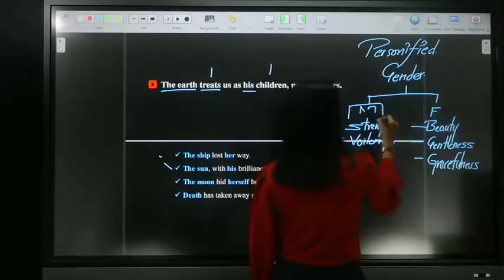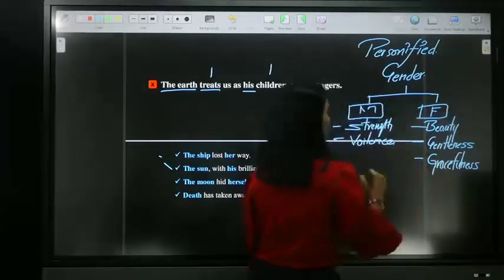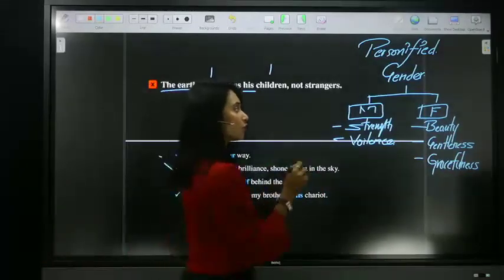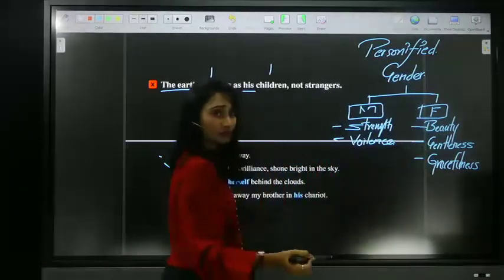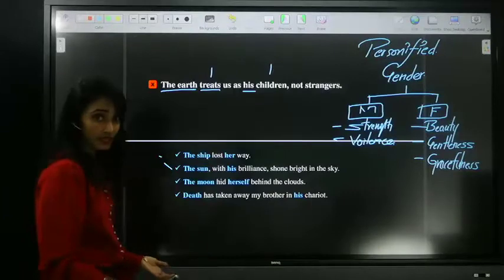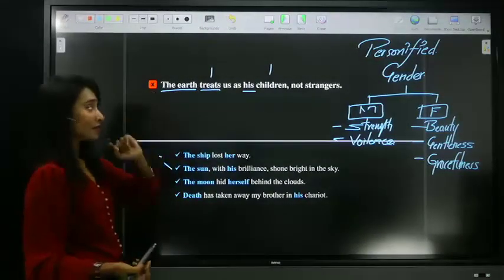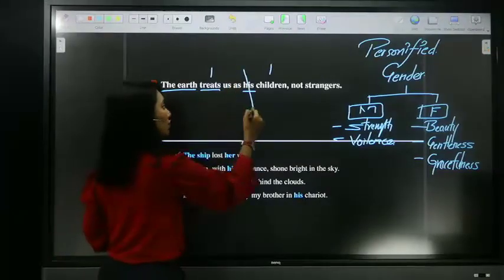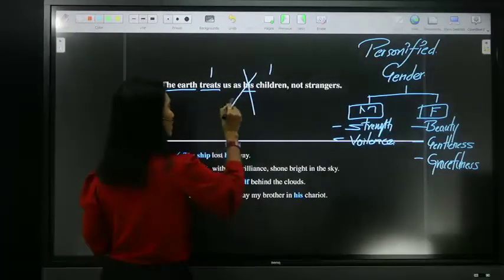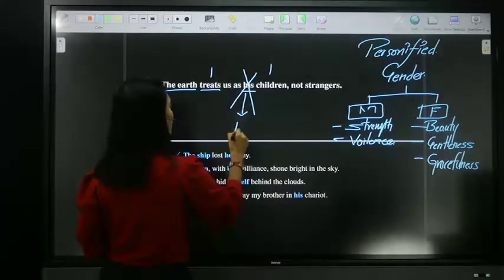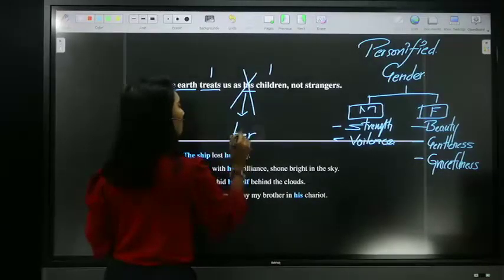Now, earth comes under masculine or feminine. Earth is known for its gentleness, beauty, gracefulness. So, earth obviously comes under feminine. So, we require to use feminine gender. So, replace his with her children.